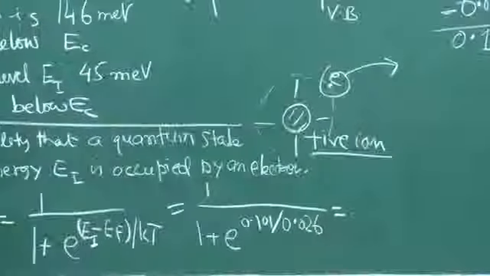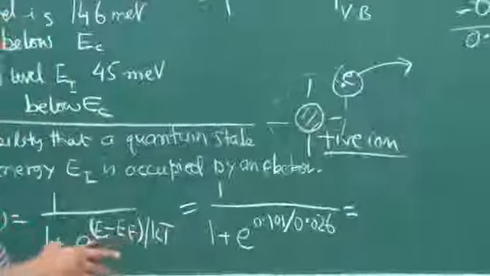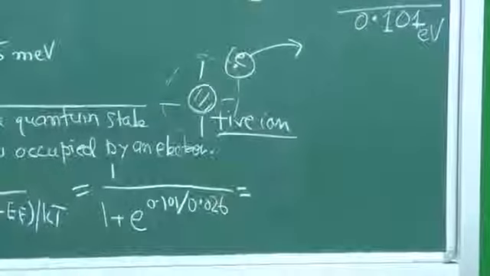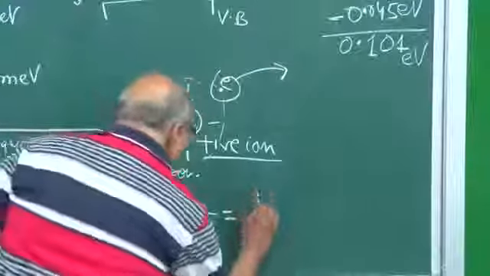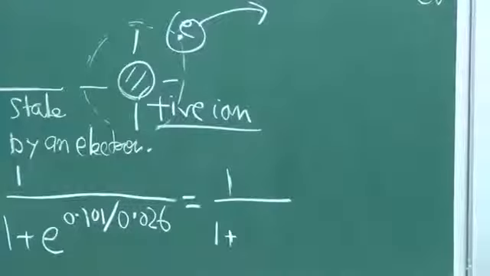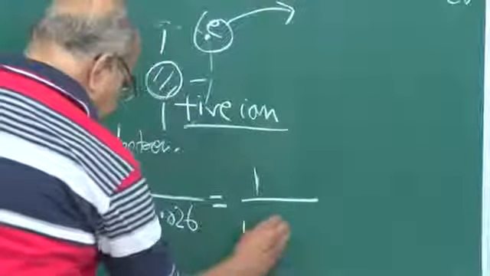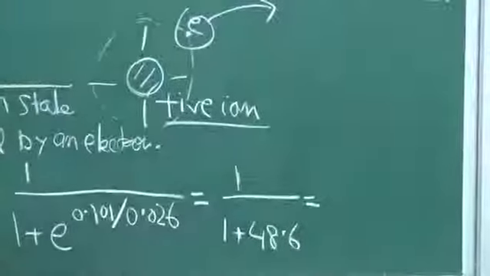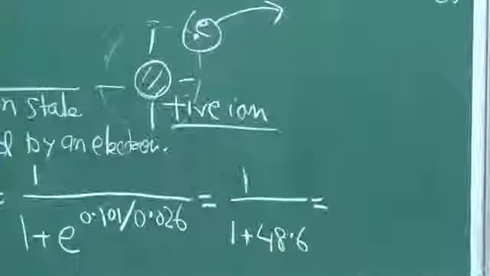So let us work out how much this is. 0.101 divided by 0.026, so e to the power of that comes to 48.6. So that is 1 divided by 1 plus 48.6, which is 1 divided by 49.6, almost 0.02.